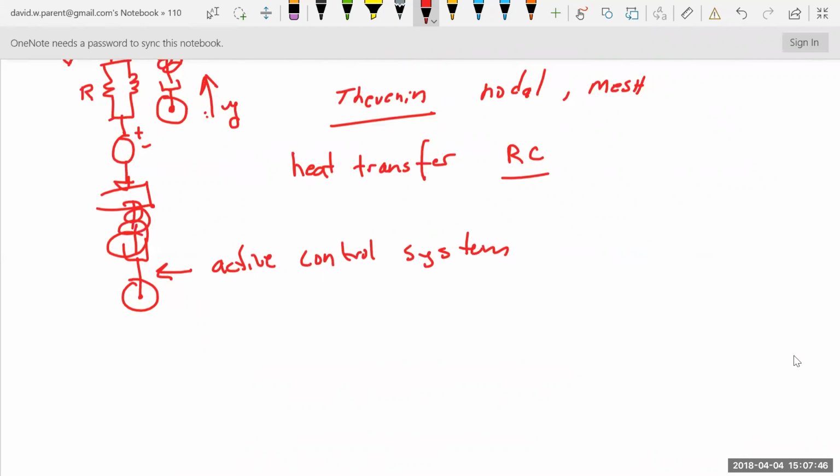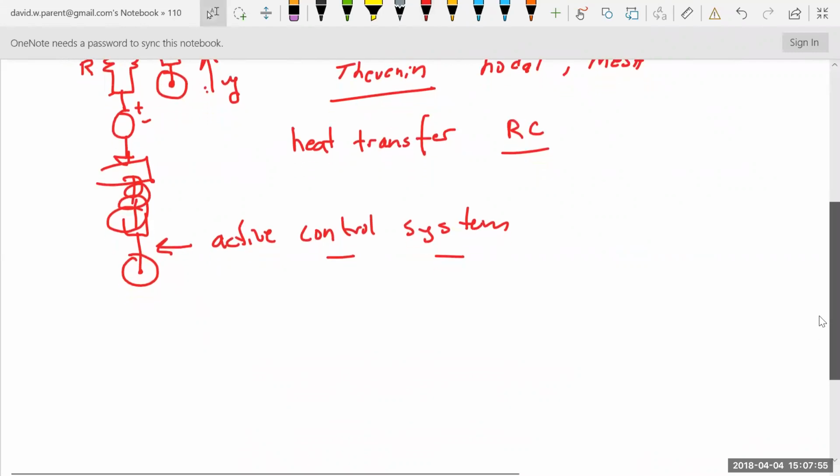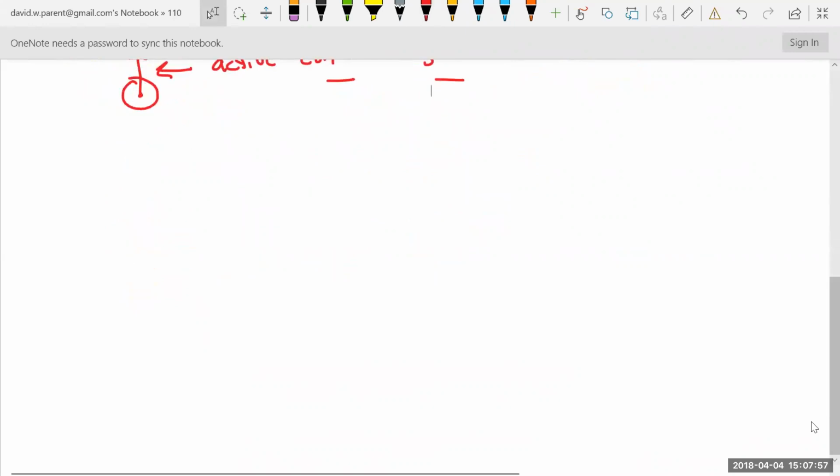Because we're heading into the control systems part of the course. And the beauty of controls and why it's important, I'm actually going to save that for next time. But are there any questions so far?